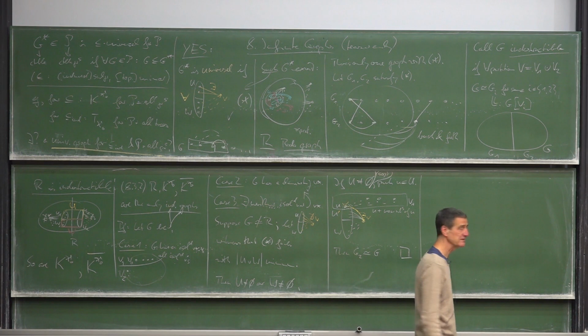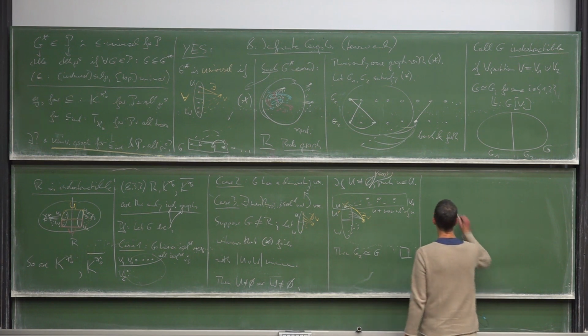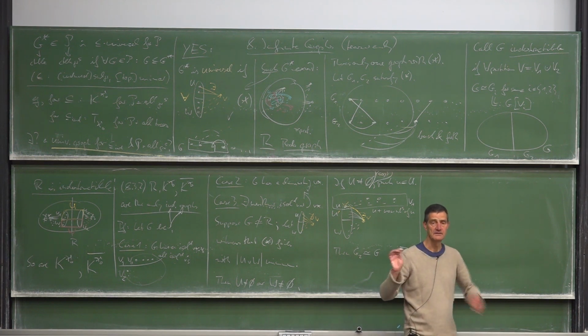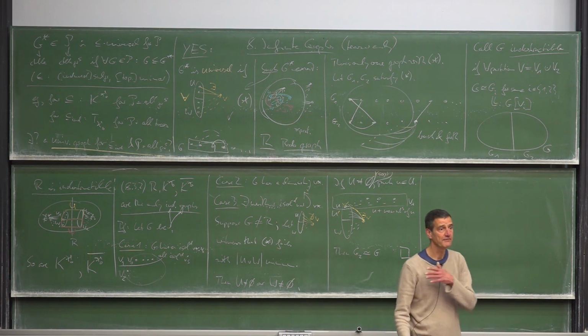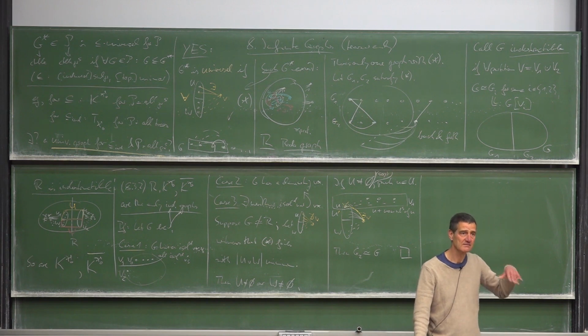A final word about universal graphs. The question, does there exist a universal graph with some particular property, has been considered for other properties. And for a very long time, all the answers were either completely boring or negative.